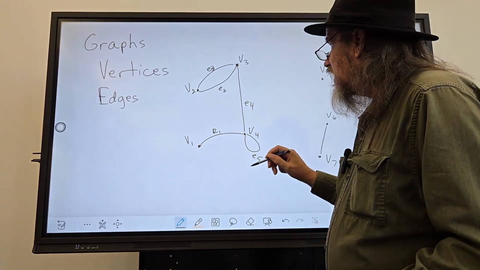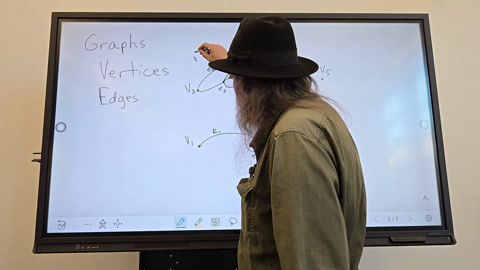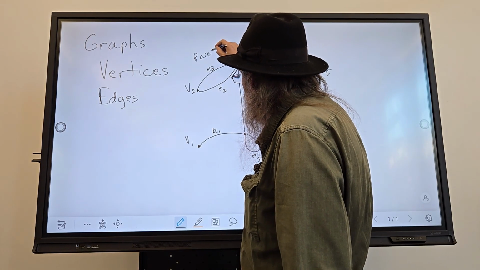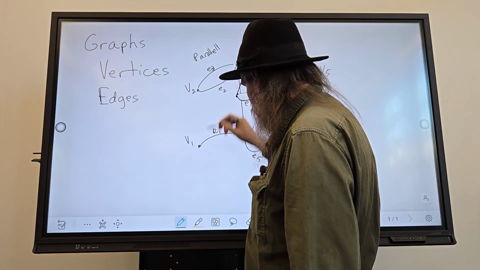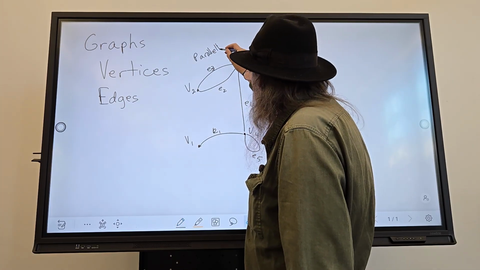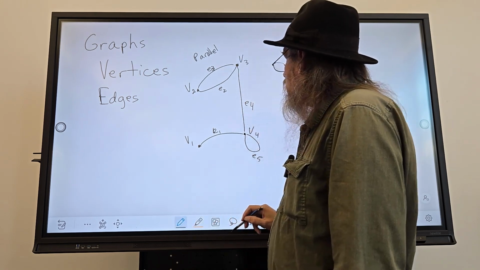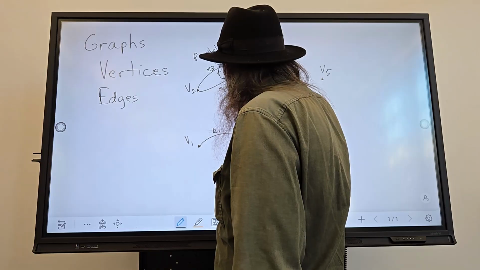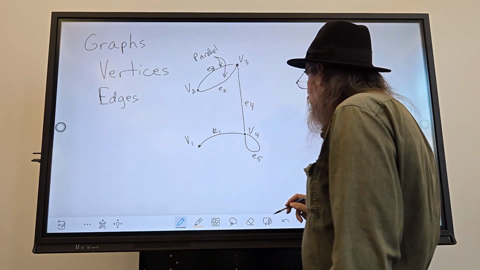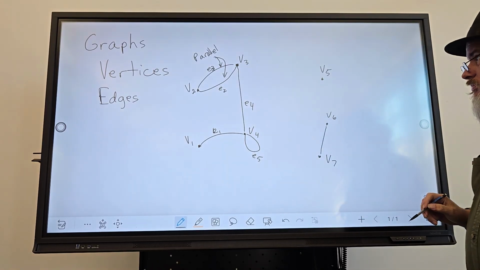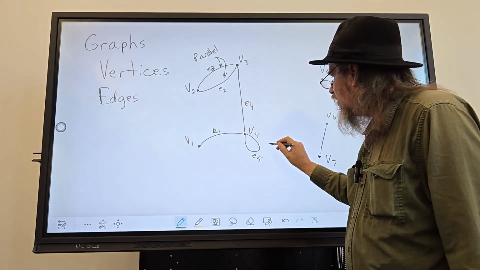Two edges that connect the same two vertices are said to be parallel. An edge that connects a vertex to itself is called a loop.